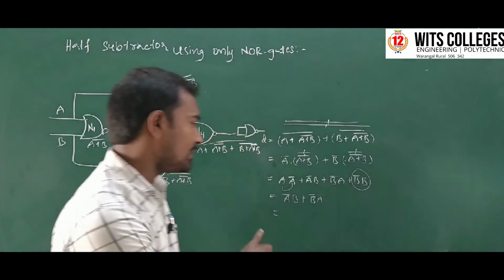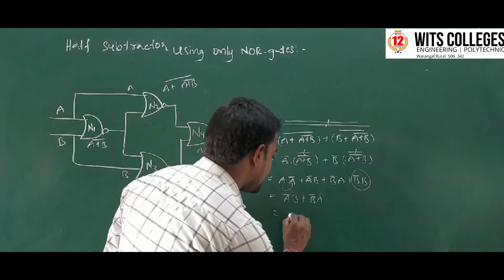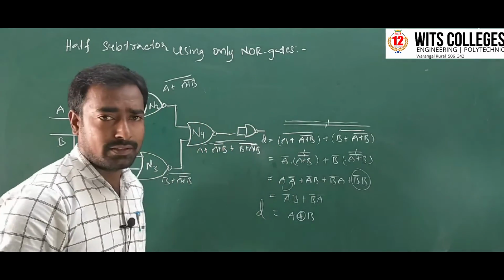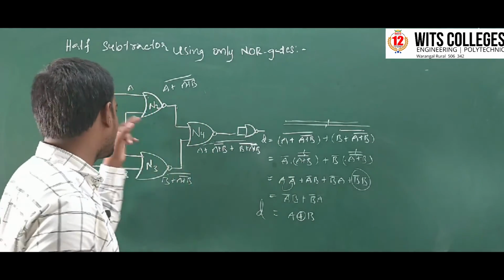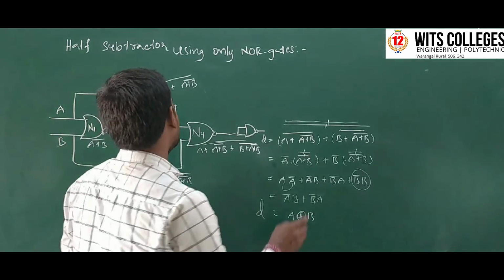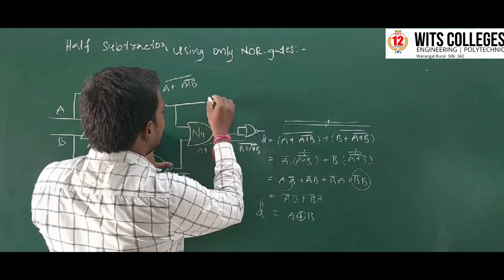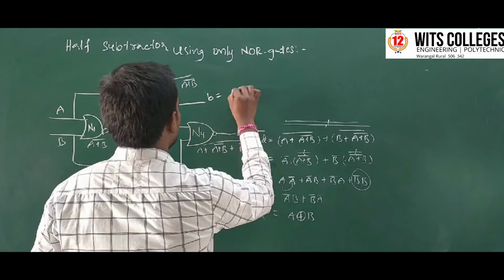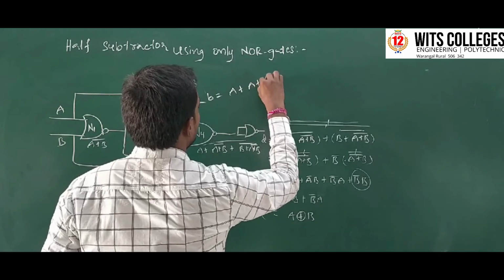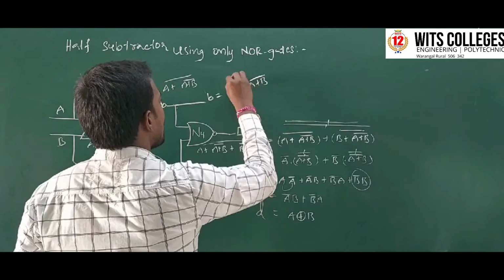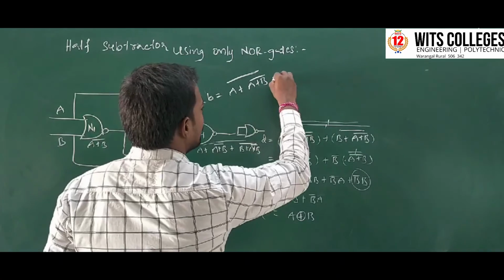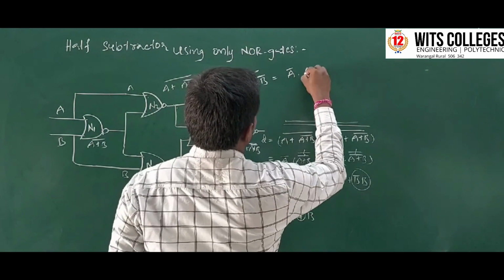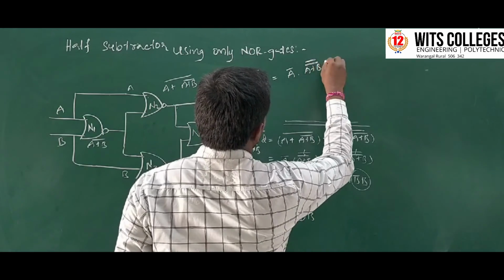This can be written as A exclusive OR B. So that is the output of the difference for the given two binary inputs A and B. And here I am collecting the output that is called borrow. So borrow is equal to (A plus B) whole bar, and whole complement, and this can be written as A bar into (A plus B) whole bar, right?